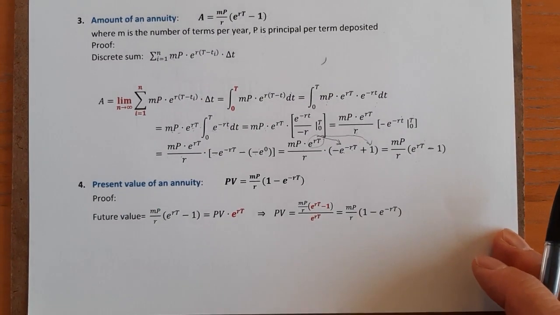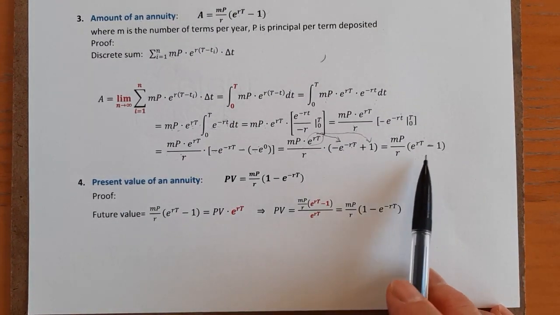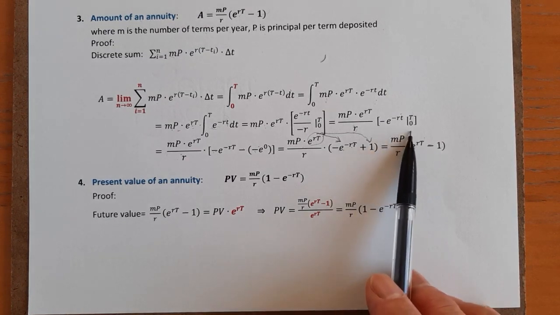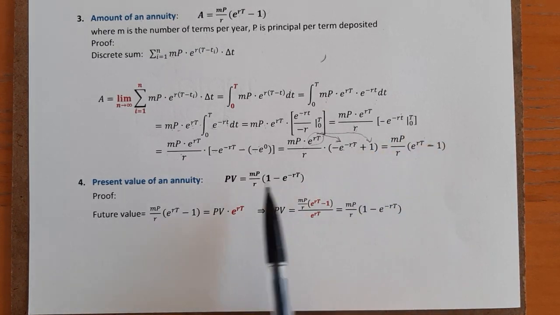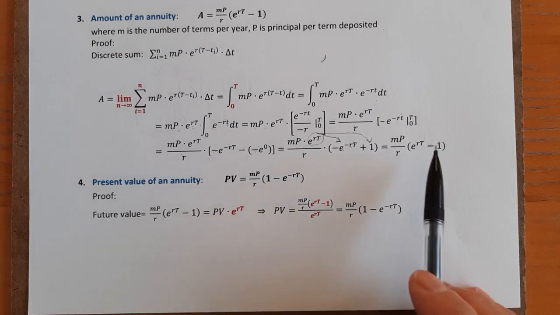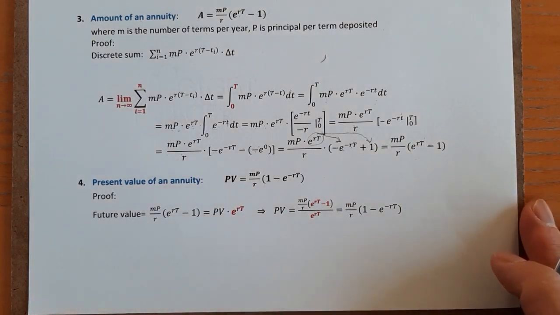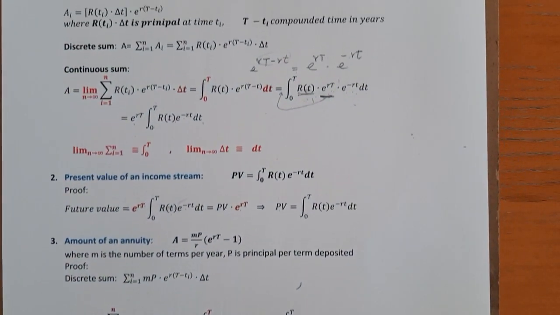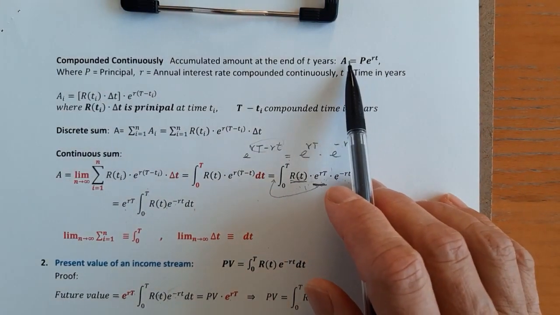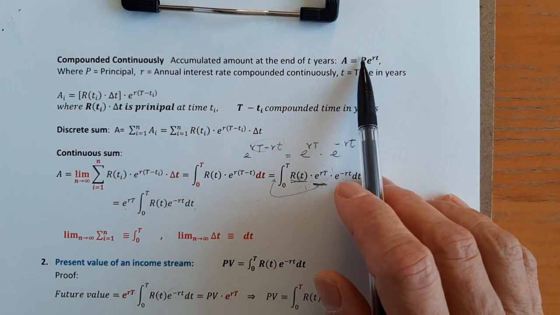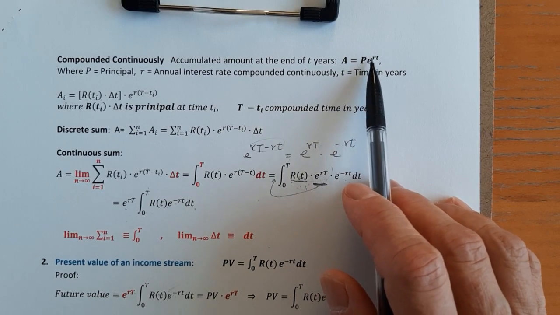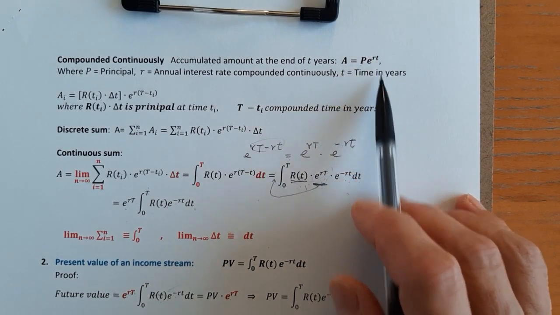Then what is the present value for this formula? The amount equals the present value, the principal, times e to the power rT.